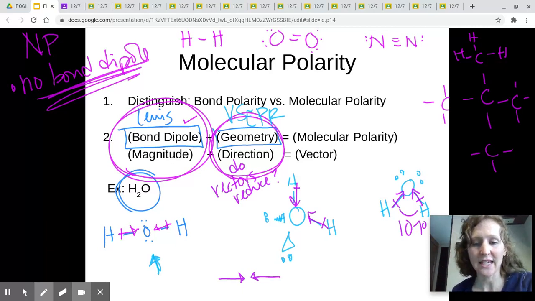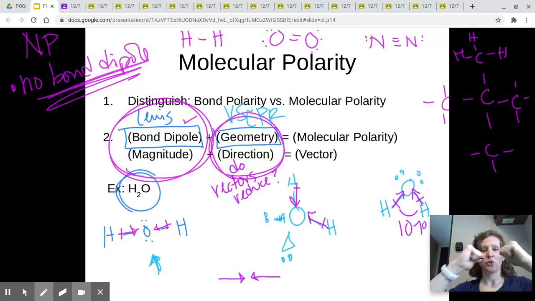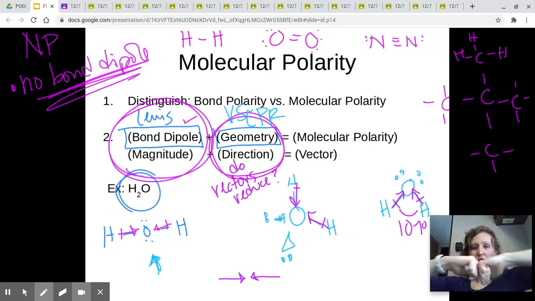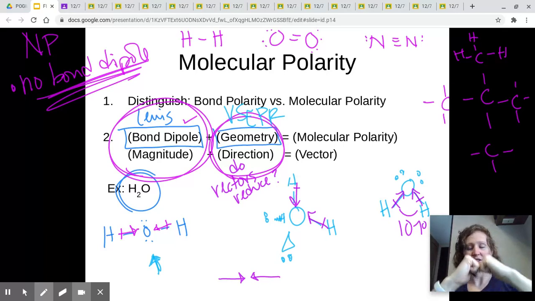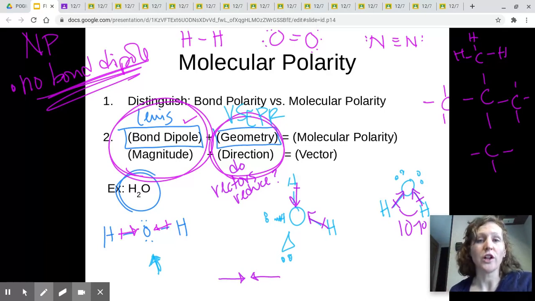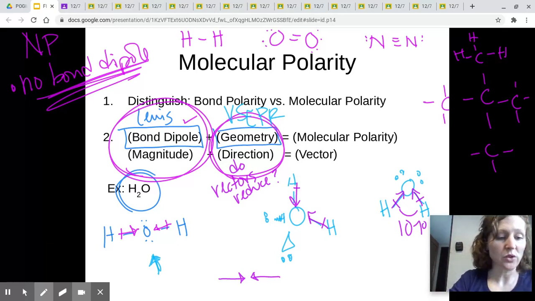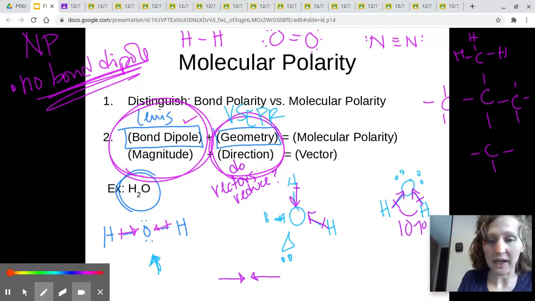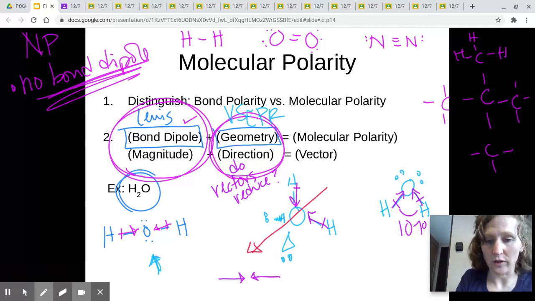So in this case, these two are not going to be pushing each other in equal directions. They're going to be pushing each other at an angle, and they're not going to cancel each other out. So we will have an overall dipole for this molecule. We'll have an overall force. So these two vectors are going to combine, and they're going to create an overall force.